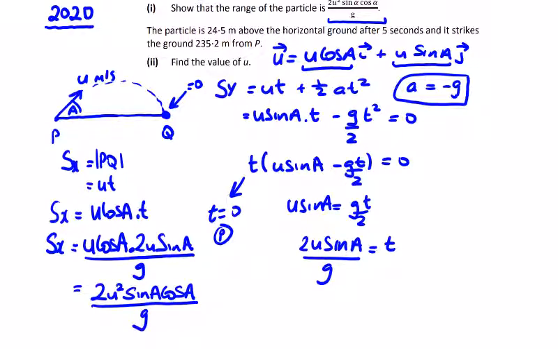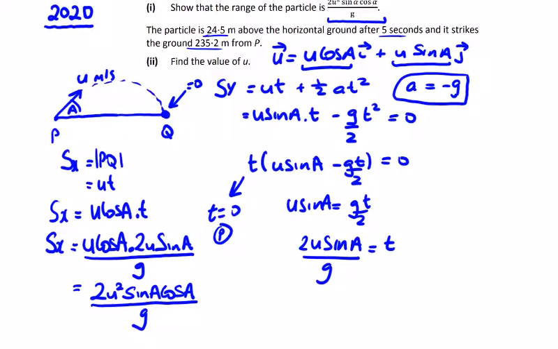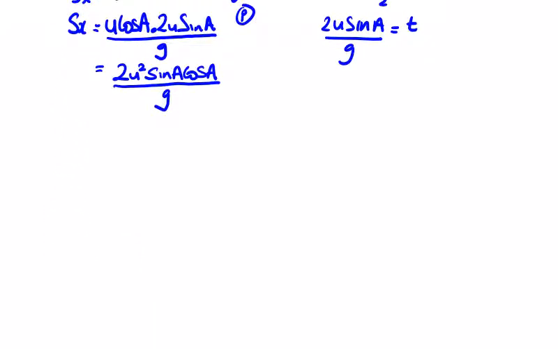Part 2: the particle is 24.5 meters above the horizontal when t is equal to 5, and it strikes the ground 235.2 from P. Okay, let's do a little diagram. Projectile fired, and here's its range.